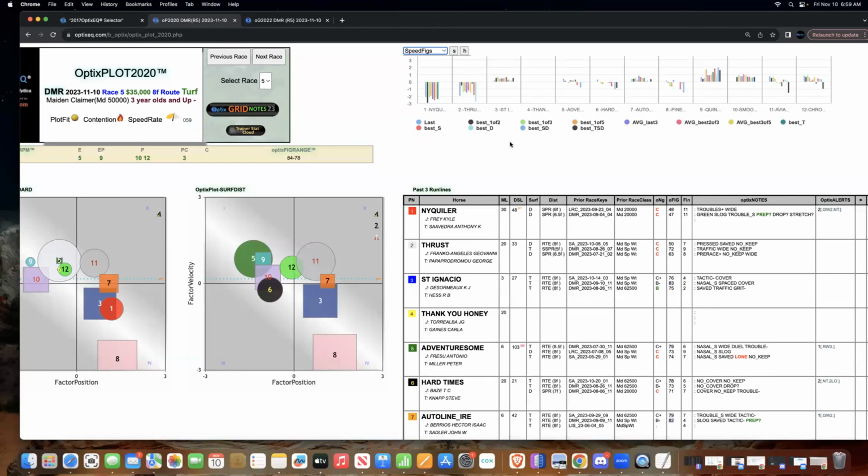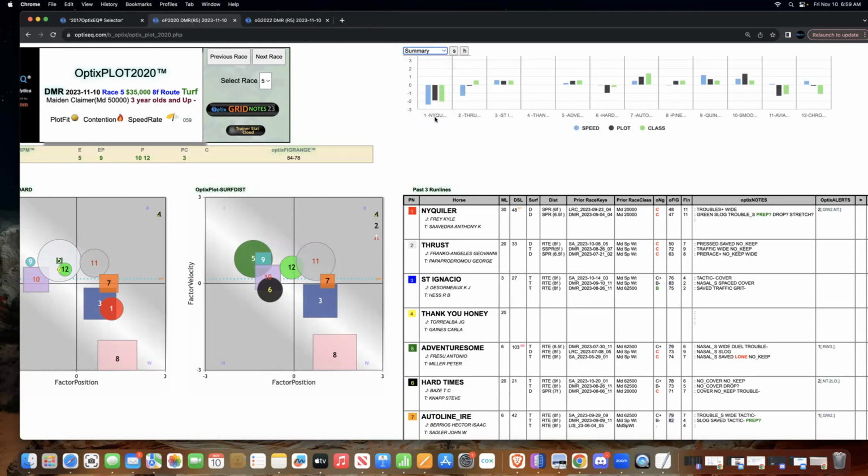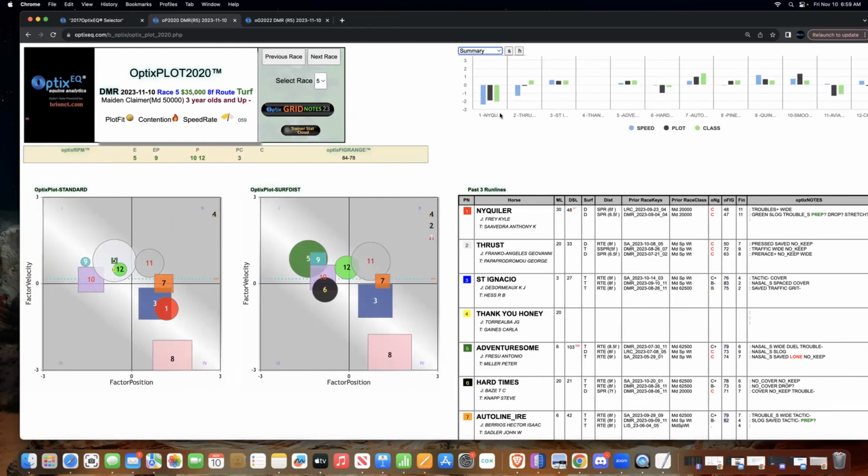So it's an aggregate of all this stuff. And again, it's based on our analysis of the best assessment of a horse's overall speed, overall pace, overall class. When you see these bars below the line, that means negative. If you hover over any of these bars, you'll see the positive or negative number. The higher the number, the better.